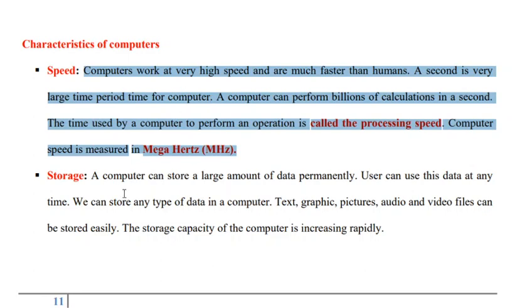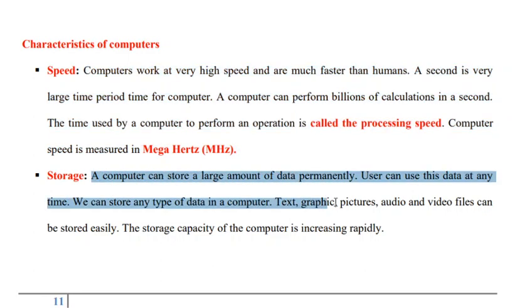Likewise, storage. A computer can store large volumes of data permanently or temporarily. Now the user can use this data at any point in time in order to perform operations, or in order to create a certain suitable representation. Data can be in the form of text, graphics, pictures, audios, videos, and so on and so forth.